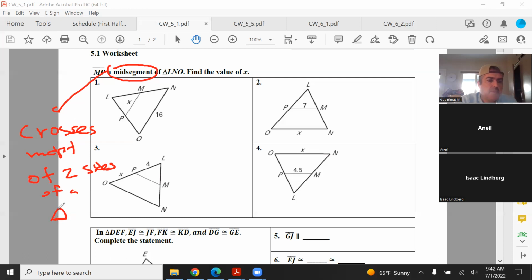That's what it's doing: it's crossing the midpoint of two sides. So that's a midpoint, and that's a midpoint. What this also means is that this side is the same as this side, and that is the same as that. So M is the midpoint of LN.